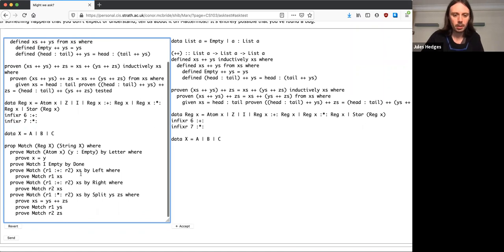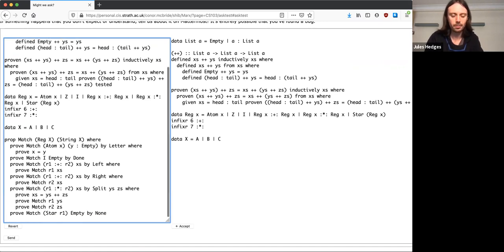Okay, now the only case we have left is star. This one is a little bit tricky. So I can always prove that star of anything matches the empty string no matter what. So I'm going to say prove match star R1 empty, by none.